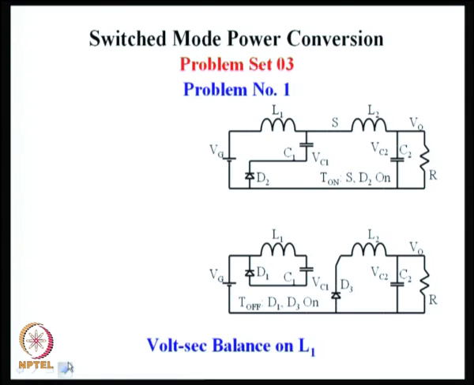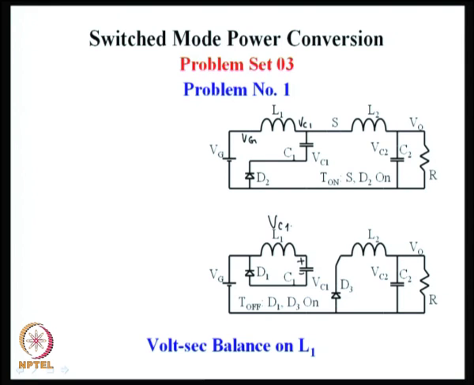On the inductor L1, it is possible to apply the volt-second balance. The L1 has a voltage of Vg on this side and Vc1 on this side during the on time, and during the off time, the voltage is simply plus minus Vc1.